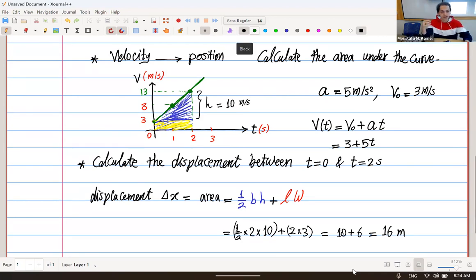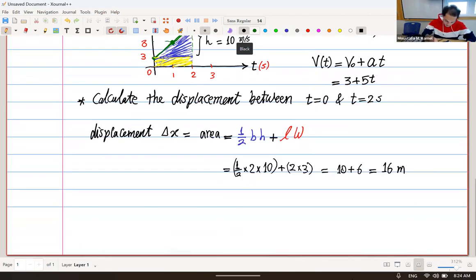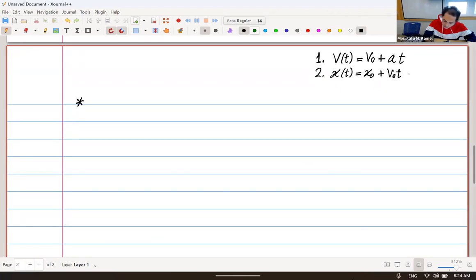To confirm that we have the right idea, let's do the exact same problem, but with kinematic equations, what we already know, to see if we will get the same 16 meters. So again, the kinematic equations, I will write them down here. v of t equals v naught plus a t, x of t equals x naught plus v naught t plus half a t squared, and v squared equals v naught squared plus 2a delta x.